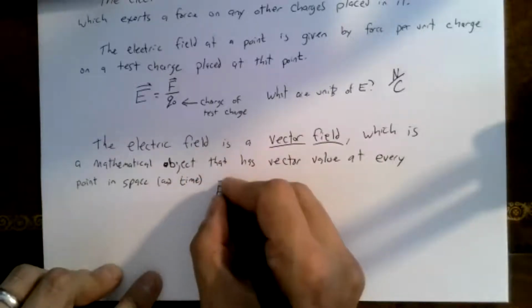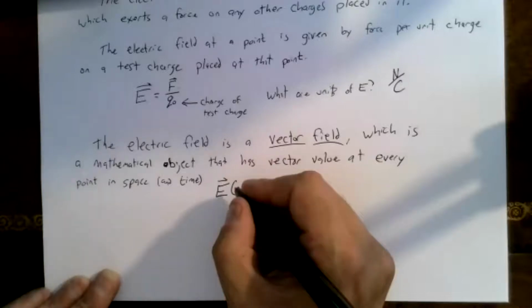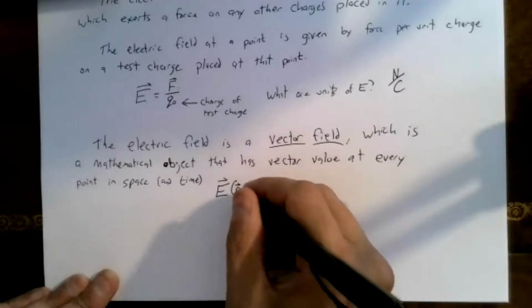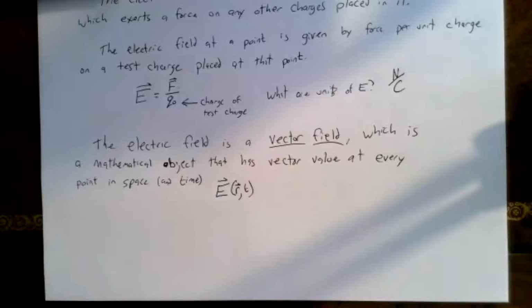So the electric field is really a function of the r vector, the position vector, as well as of time, although we're not going to be looking at the time dependence until the very, very end of the course.